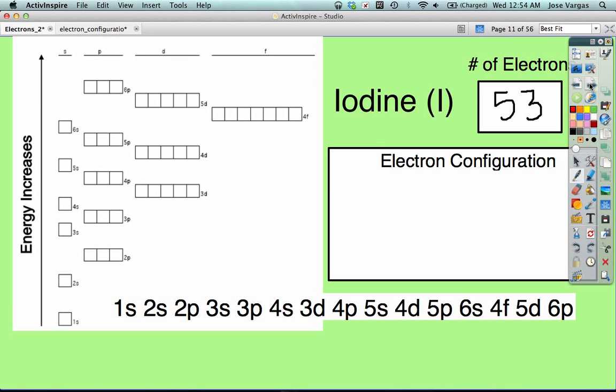Let's do a larger one. Let's do iodine. So iodine has atomic number of 53. So it has 53 electrons. So let's place them here. We're going to start on the bottom, just like the pigs, and they're going to be facing opposite from each other.